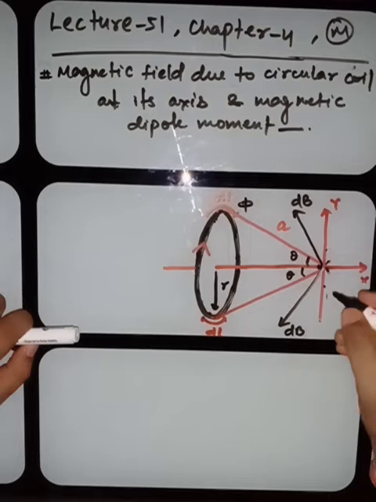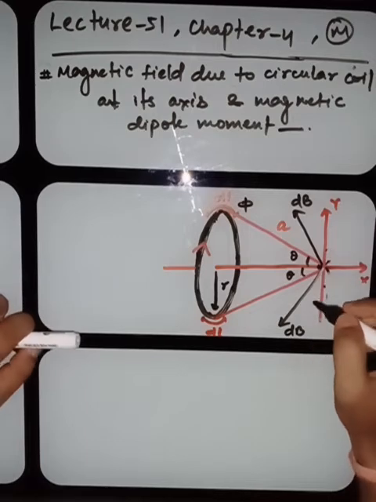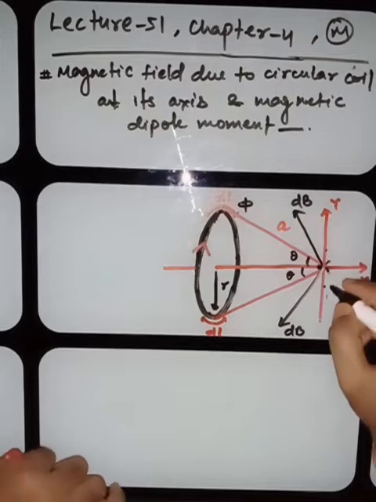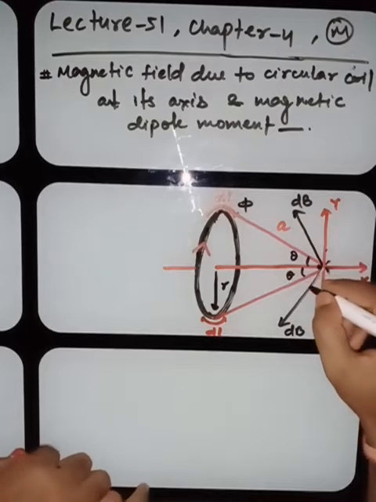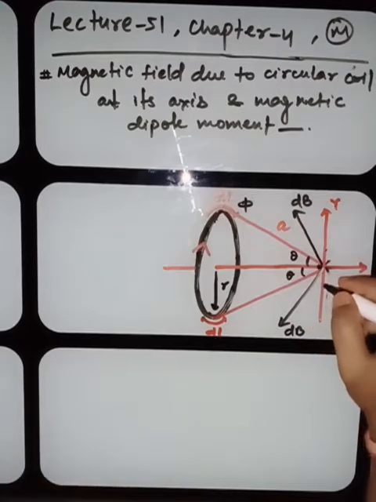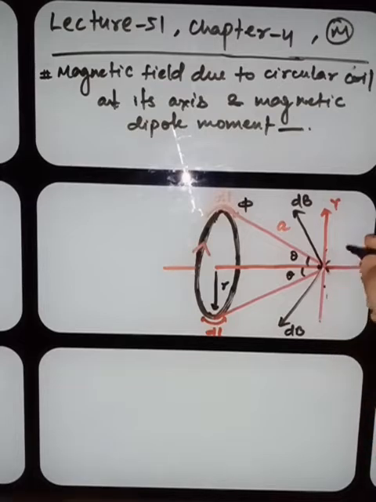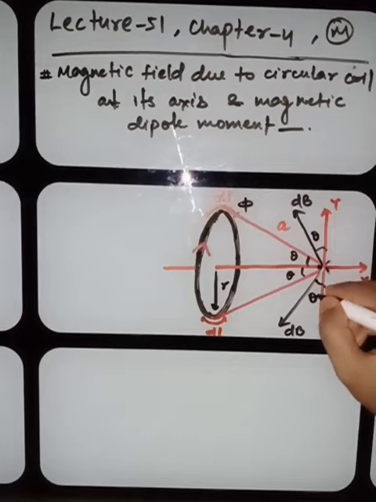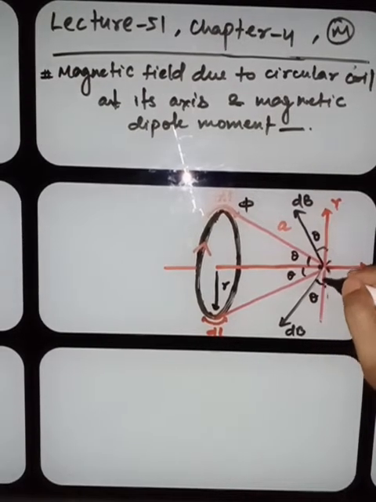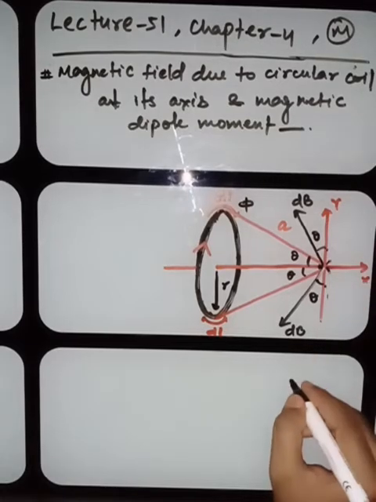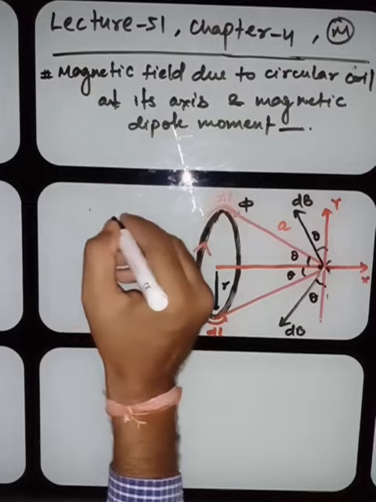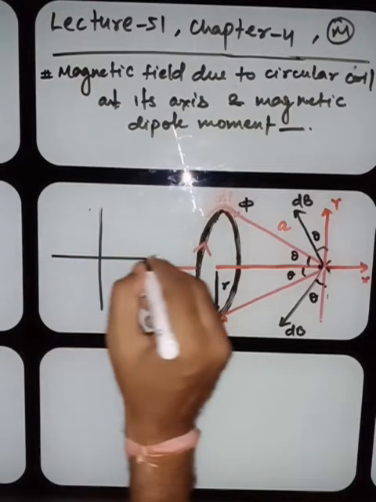Now if it is theta, this will be the total 90 minus theta. You have to find the angle, and then you will see this is theta and this is also theta. Now let me draw this diagram over here. It has two components.